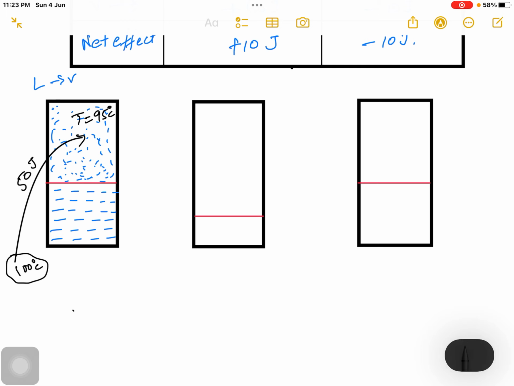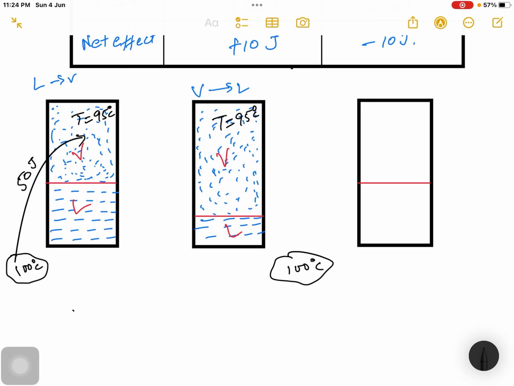Sorry guys, there is a small glitch. This is the liquid. This is the vapor.